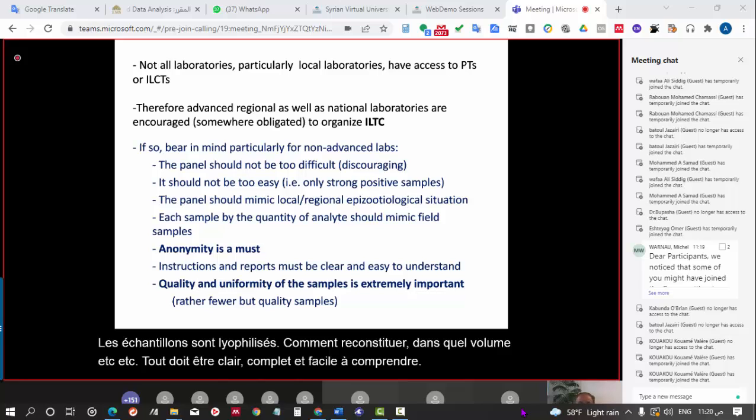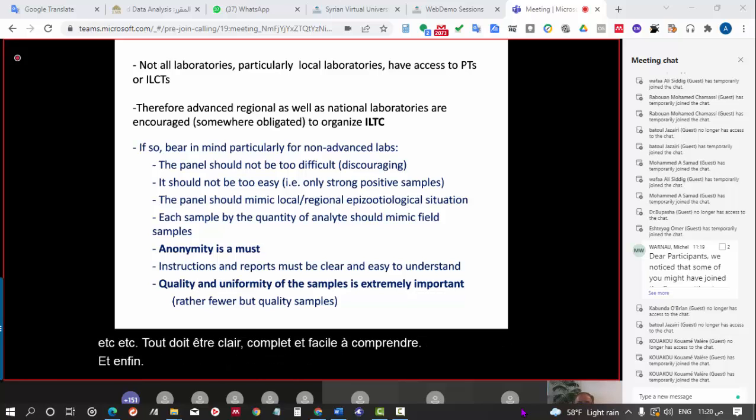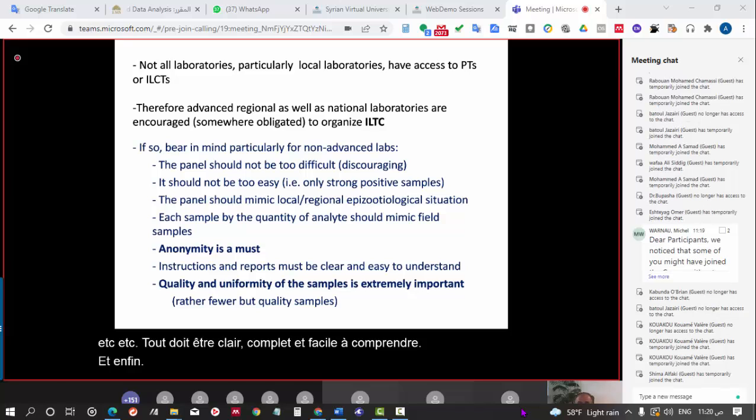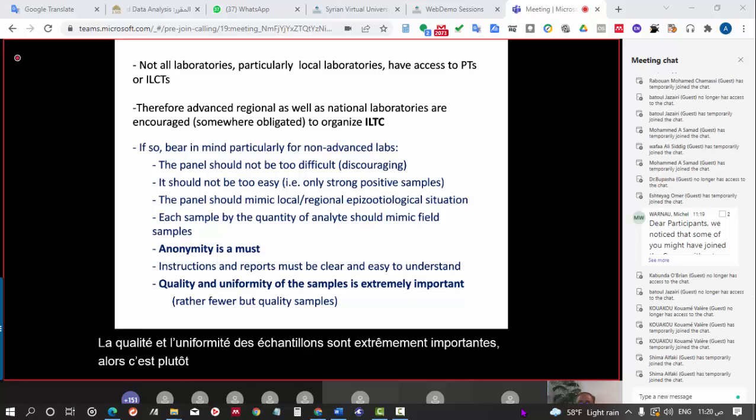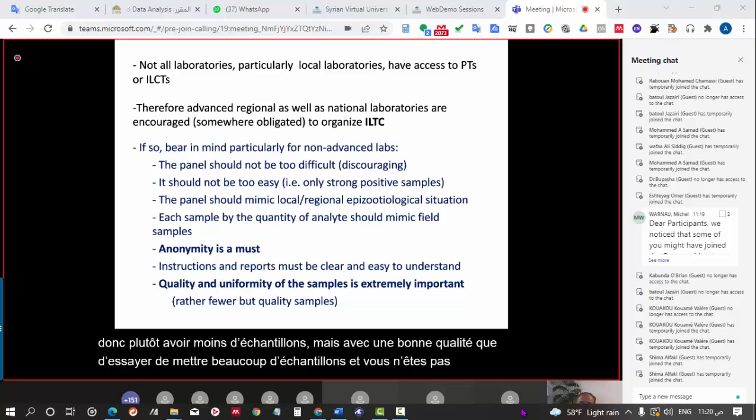And finally, quality and uniformity of the samples is extremely important. So rather have fewer samples, but with good quality, than try to put in a lot of samples when you are not sure whether they are uniform and whether they are of good quality.